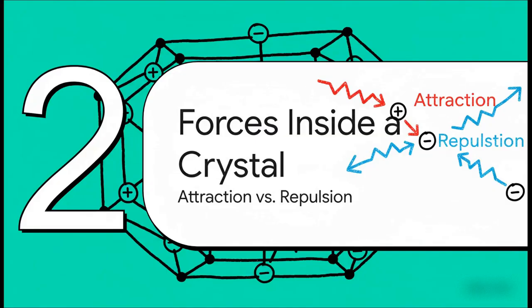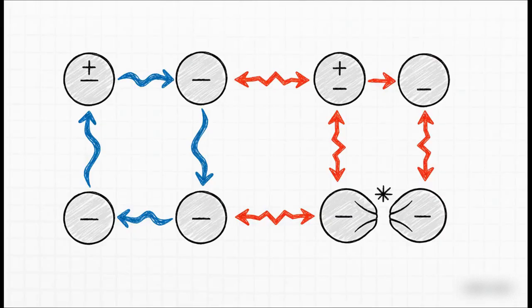But here's the thing. A crystal isn't just about simple attraction. It's actually a really delicate, intricate balance of competing forces. So yeah, the main event is definitely the powerful attraction between the positive cations and the negative anions. That's what holds the whole thing together. But at the same time, you've got all the like charges pushing each other away.